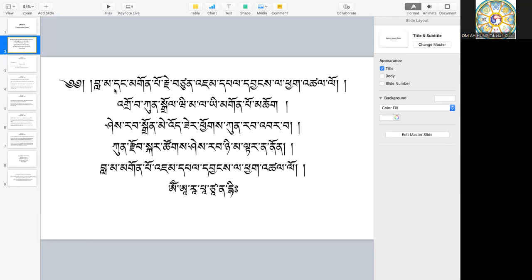The first one is a line of dedication. It's a single line, which in its entirety is a statement of dedication. This line is taken from the praise to Manjushri, so it's an extract from another text.